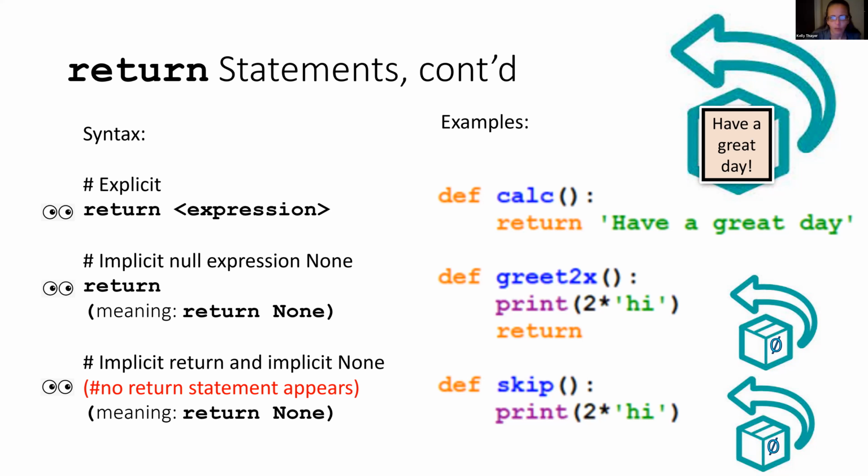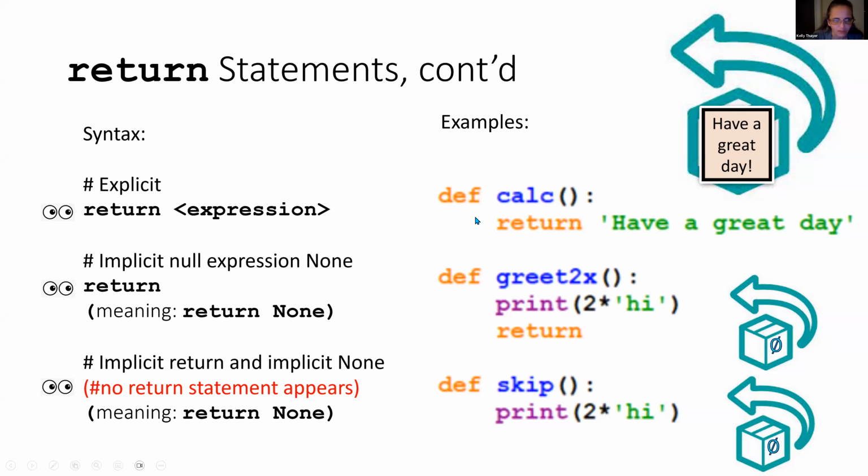So we're going to be spending particular attention now on the returns. If you have an explicit return, this is the easiest type to recognize, because you'll see, with your googly eyes, the word return and then some expression after it. So here's an example of return, have a great day, right?